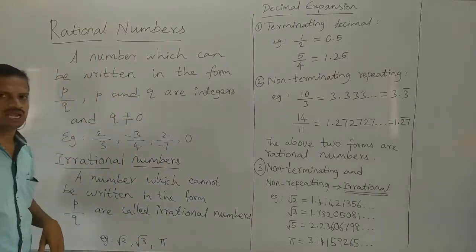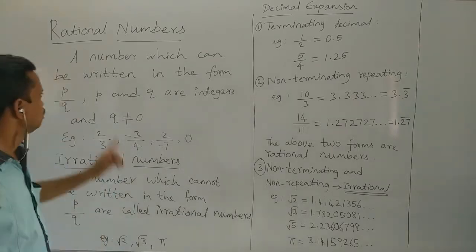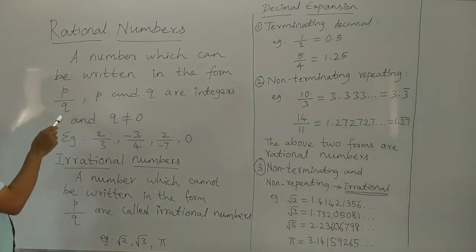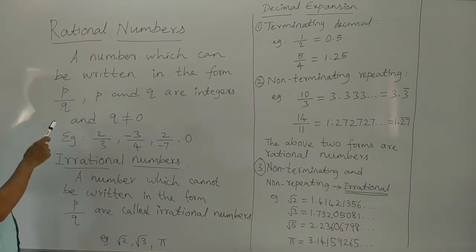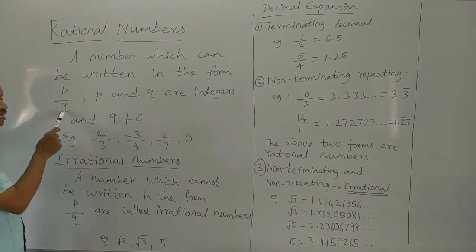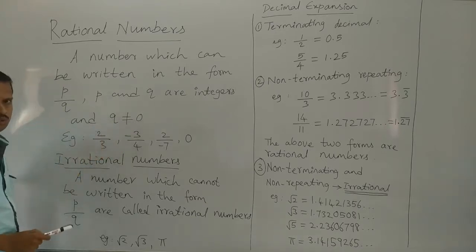Now, the definition of rational numbers: a number which can be written in the form P by Q, where P and Q are integers, and the condition is the denominator Q is not equal to 0.